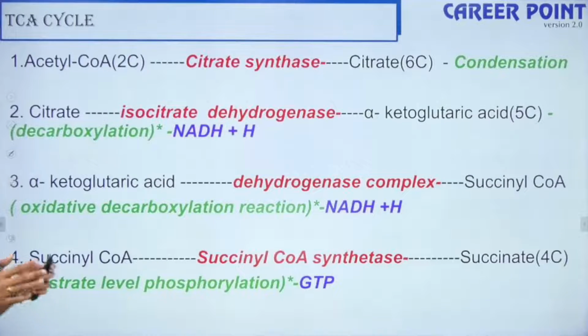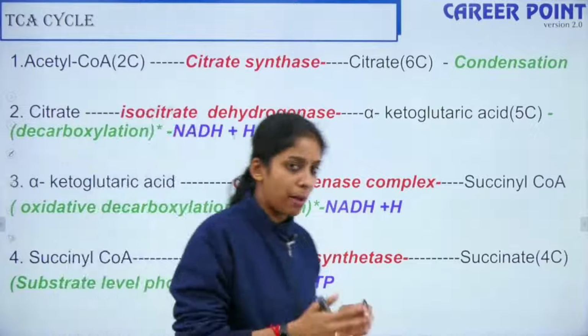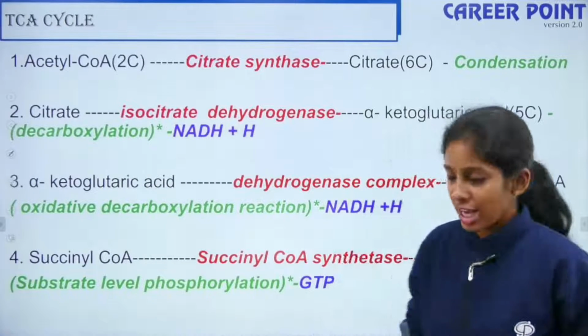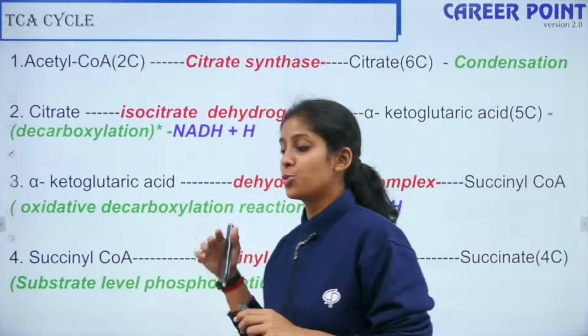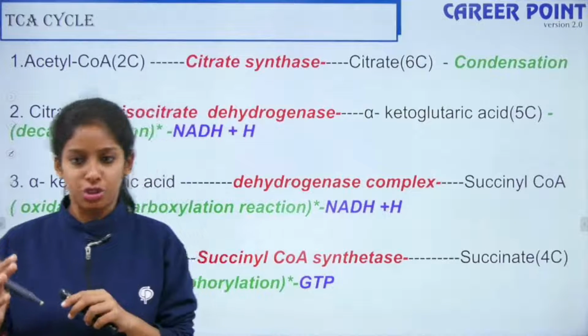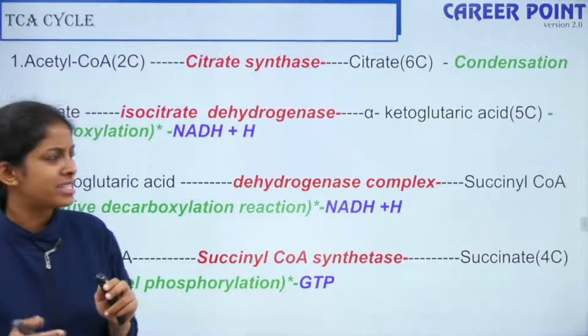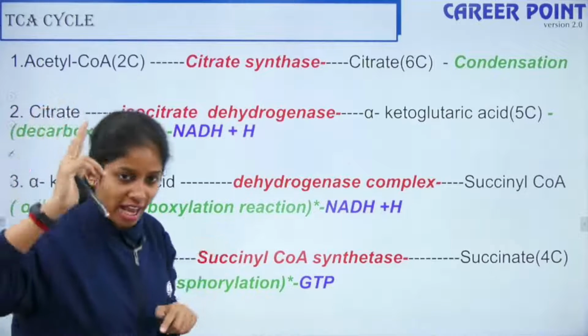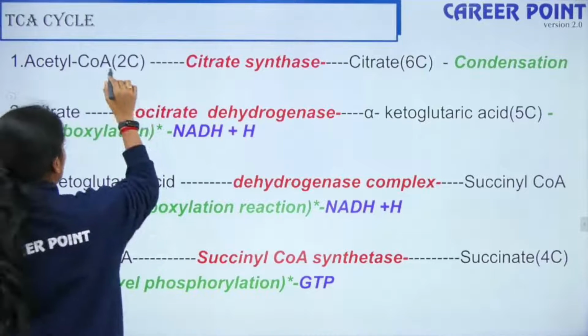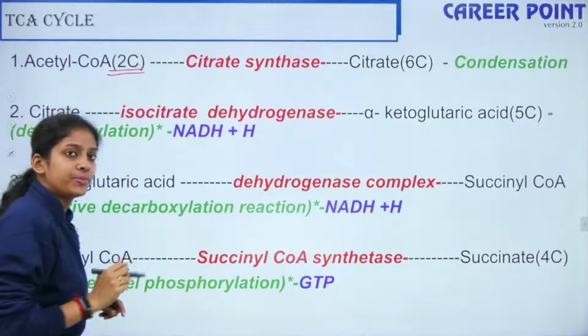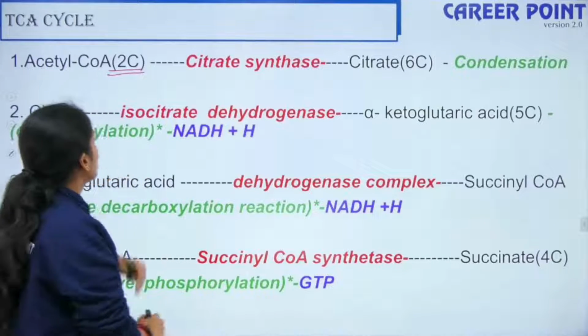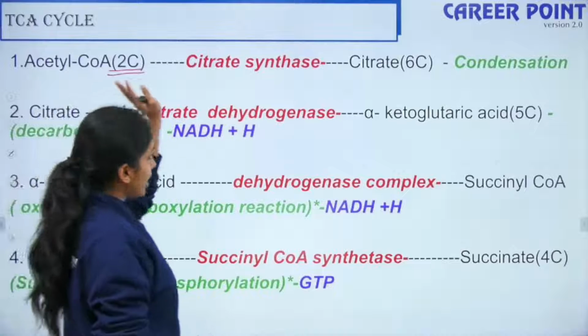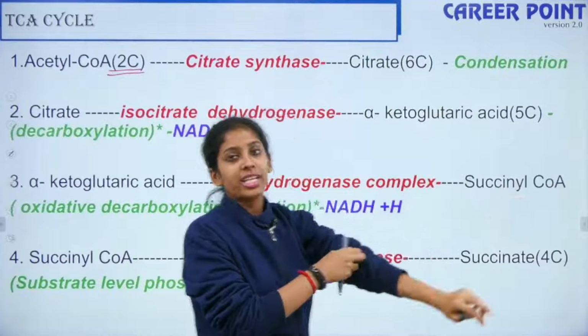So here we have how your citric acid cycle happens. It is an 8-step reaction compared to your glycolysis, which was a 10-step reaction. This is pretty short. So let's see how easy it is. First of all, your acetyl-CoA comes from your link reaction, right? Your acetyl-CoA is a 2C molecule. This 2C molecule gets converted into citrate, that is 6C.